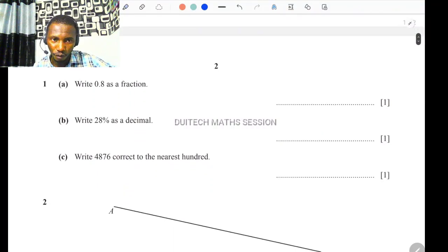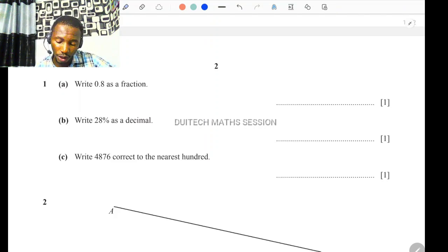In 1a, it says we should write 0.8 as a fraction. So in this case, because you have to look for the shortest way to solve your problem, the easiest way is to know that it has one leading zero.